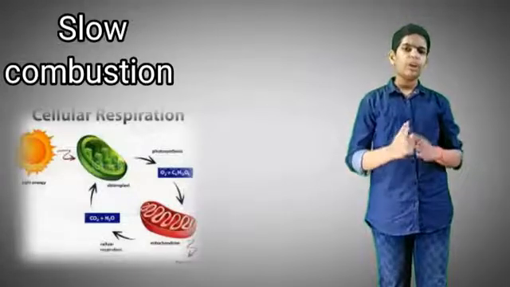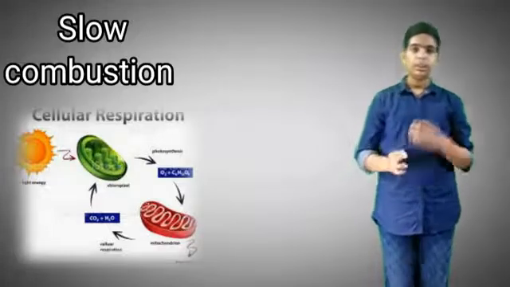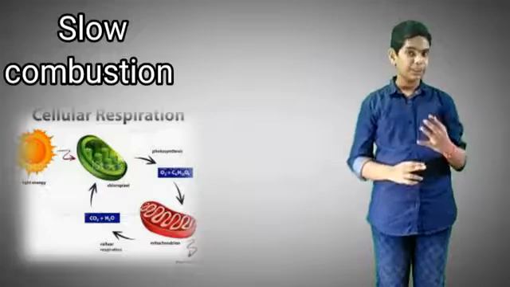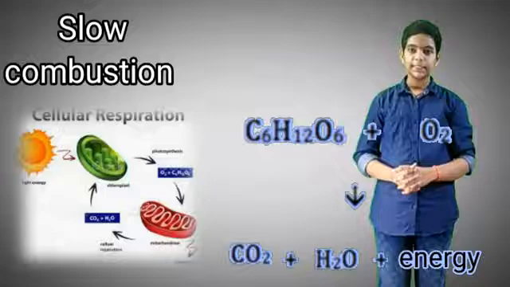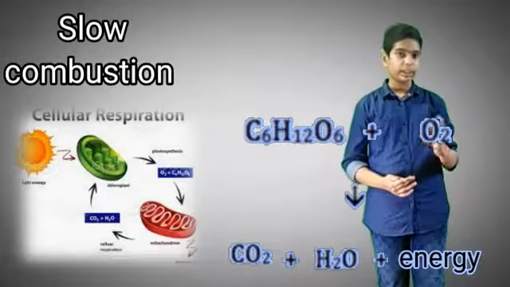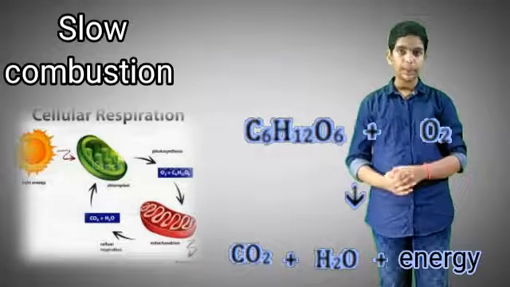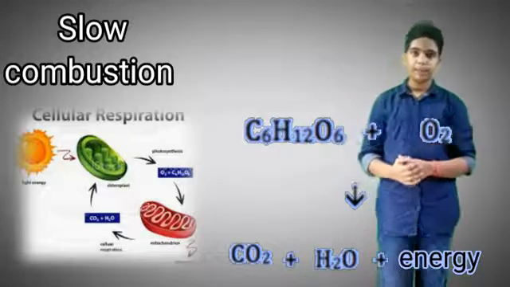Now you might all wonder, how is that possible? Let us understand how cellular respiration is also a type of combustion. Here's the chemical equation of cellular respiration: glucose plus oxygen gives rise to carbon dioxide, water and energy. Here the glucose is the combustible substance and the supporter of combustion is oxygen or air, obviously.